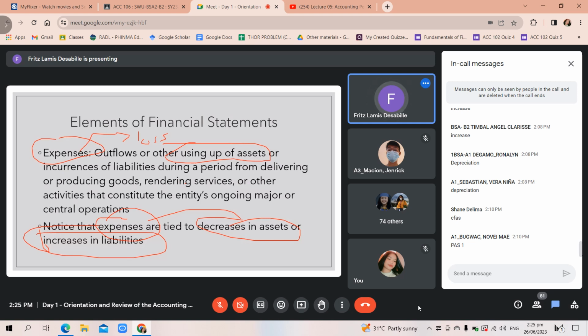Expense na siya but extraordinary. Unsa mga example sa account nga loss, guys? Or unsa nga mga transaction that would result to a loss? Anyone?